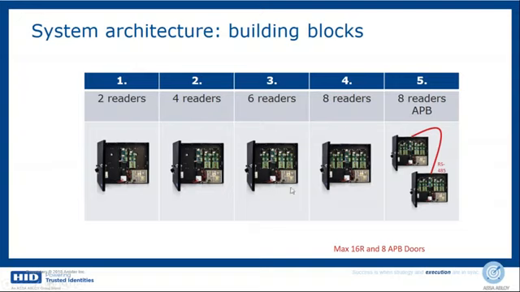Later on, you will only have to use the master, get inside the software, and create also the users, okay? As you can see, the maximum quantity of readers that you can have is 16, but you can only set up to 8 doors with reader in, reader out, and anti-passback, okay?